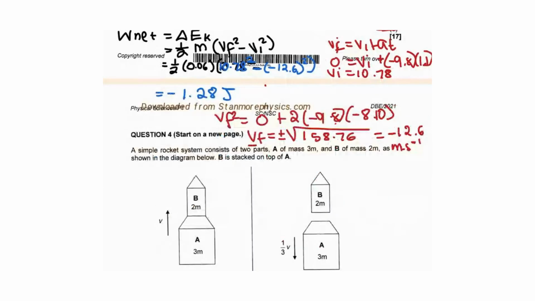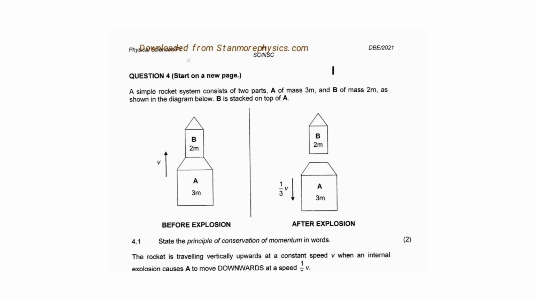Okay, so now we are jumping onto question 4. Question 4 is on momentum. So we have a simple rocket system consists of 2 parts, A of mass 3m and B of mass 2m, as shown in the diagrams below, and B is stacked on top of A. So as you can see, we have the 2 diagrams before the explosion.